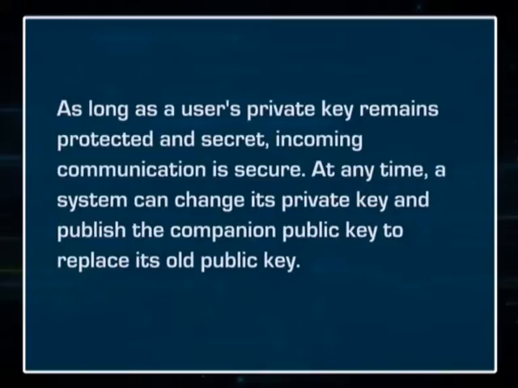As long as a user's private key remains protected and secret, incoming communication is secure. At any time, a system can change its private key and publish the companion public key to replace its old public key.